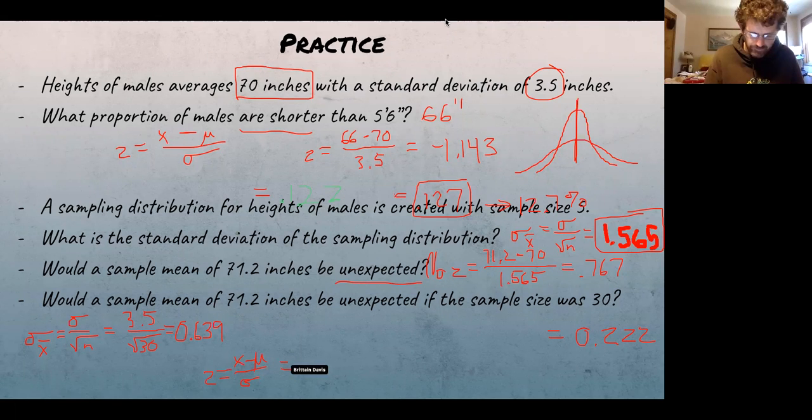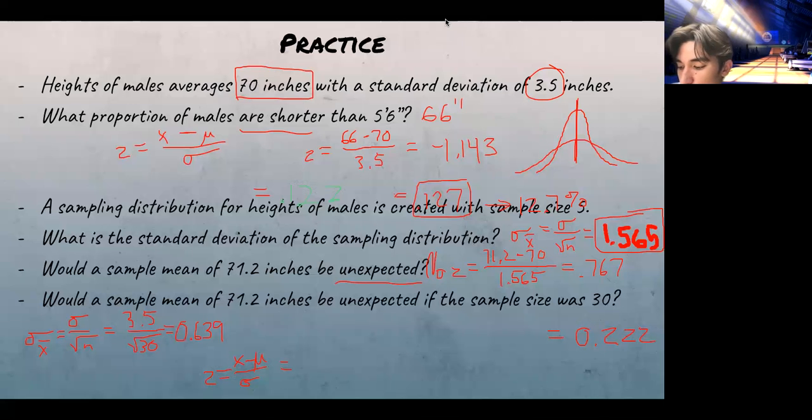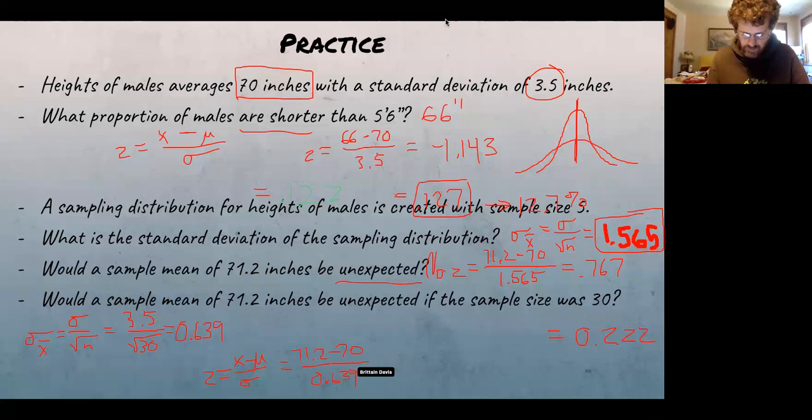So go ahead and tell me what numbers you used for your z-score calculation. I did 71.2 minus 70 over 0.639. And your answer there was? 1.878.